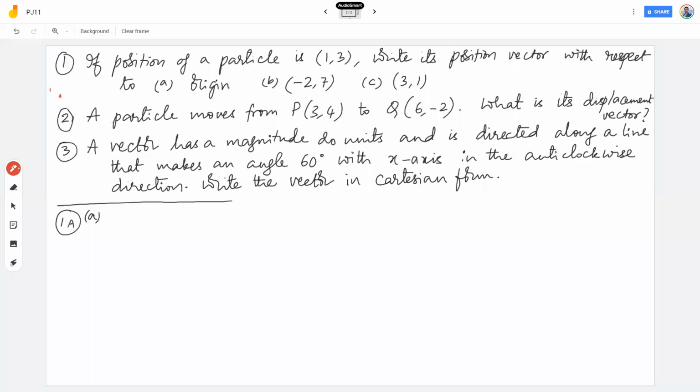If there is a reference point A and there is a point B, the position vector of B with respect to A means, as shown, A B bar. And I have already told you, I think at least 3 times, how to find A B bar.